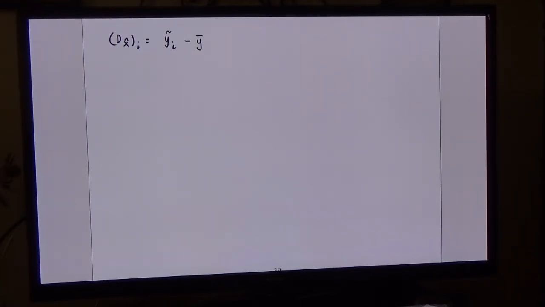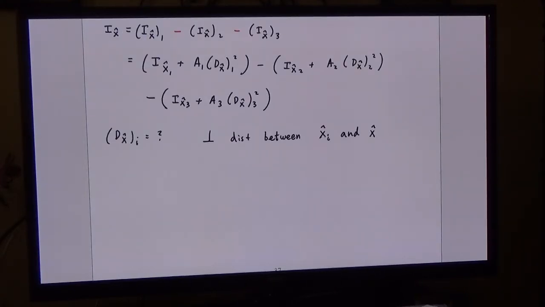Now obviously here I'm going to have to actually find y bar. I don't know that, it's not given to me, so I'll have to find it. So I'll do the calculation for y bar here in a second. Before I get there, I also want to look at what would be I about y hat.